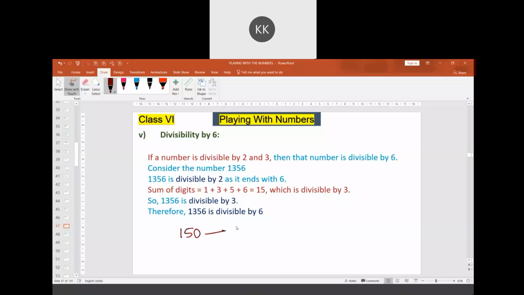Is it divisible by 2? Yes, it is divisible by 2. Is it divisible by 3? Yes, sir. It is divisible by 3. Therefore, 150 is divisible by 6. You understood the concept now? Yes, sir. The number has to be divisible by both 2 and 3.